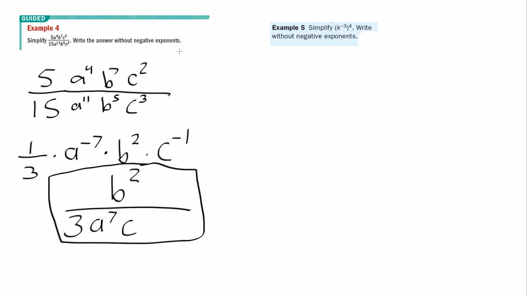Well, what happens when we work with a negative exponent in a power-to-power situation? Well, we remember our rules of multiplying. A negative times a positive is a what? Right, negative. So k to the -3 raised to the 4th power is k to the -3 times 4.